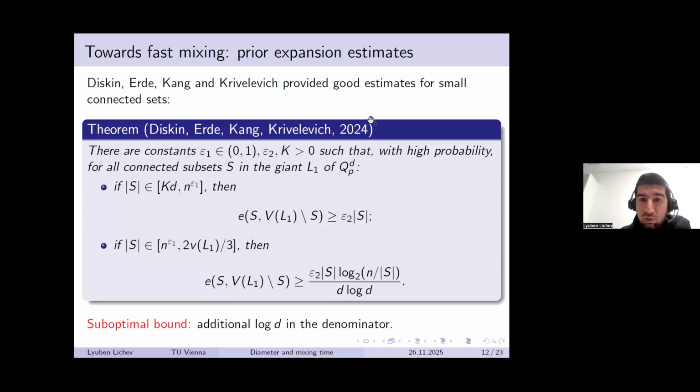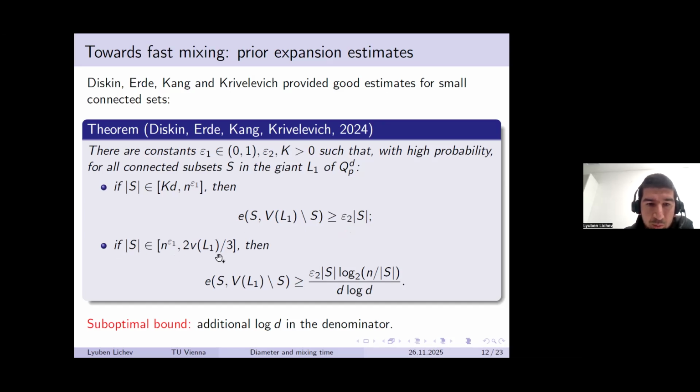This work from 2024 that I mentioned before gives some pretty good bounds about the expansion of our sets. For small connected sets S in our giant component of the percolated cube, it says that the number of edges going out of S is at least linear in S. And this is not far from being optimal. It's actually optimal up to the value of this constant epsilon 2.